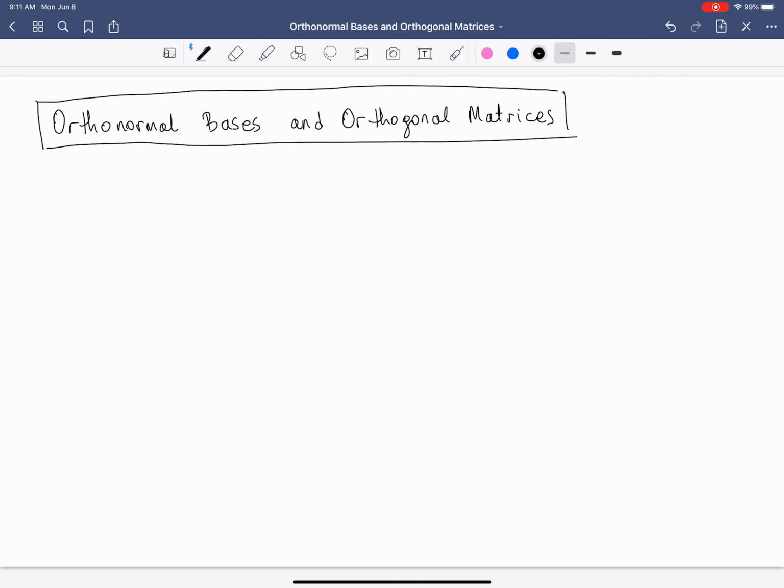Hey class, we have one more topic on orthogonality to discuss before we move on to a new chapter on determinants starting tomorrow. Today we'll talk about orthonormal bases, why they are important, and how to find such bases for a given vector space.